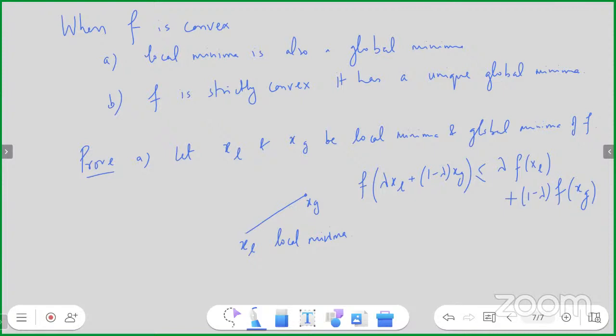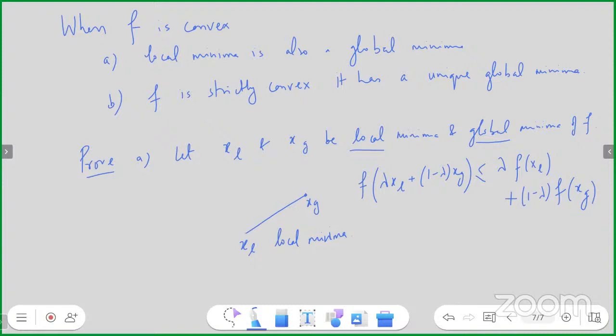What do you want? You want to find a smaller lambda such that what else? It will be smaller than f of x, how do you find that? f of xl is less than or equal to f of xg, since xl is a local minima and xg is the global minima. Xl is larger. f of xg will be less than f of xl. What does it mean?